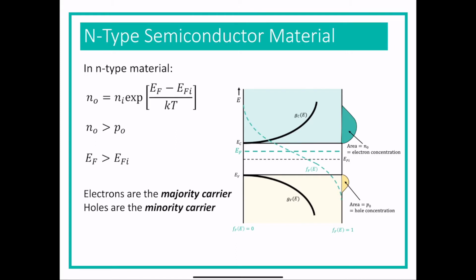P-type material is going to be exactly the same. Oh, I forgot to say something. Electrons are the majority carrier, and holes are the minority carrier, because we still have holes. Even though we have more electrons than holes, we still have holes. So when we get to the point where we're talking about actual devices, there will always be electrons and holes involved in charge carrying.